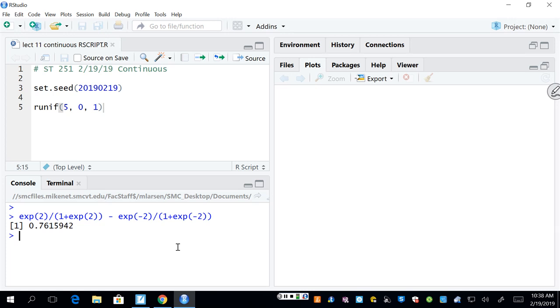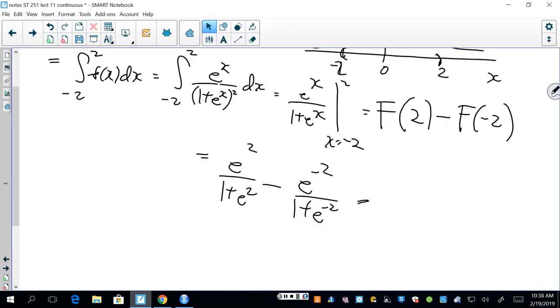So the probability we're between these two, about three-quarters of the time we're going to have a value between here, about 0.76. Any questions?